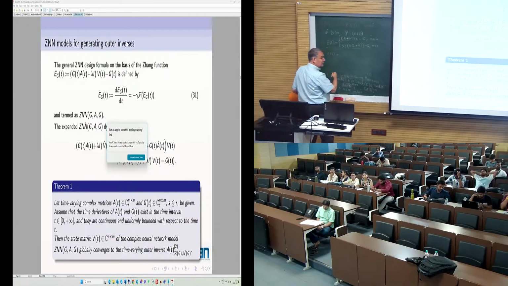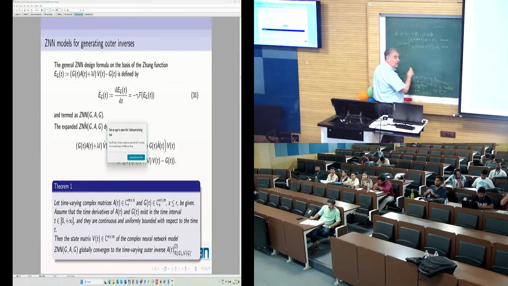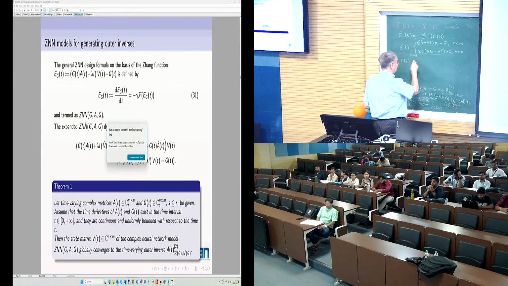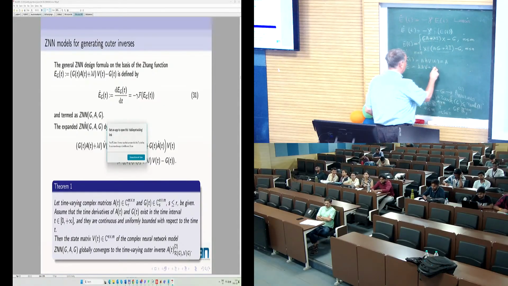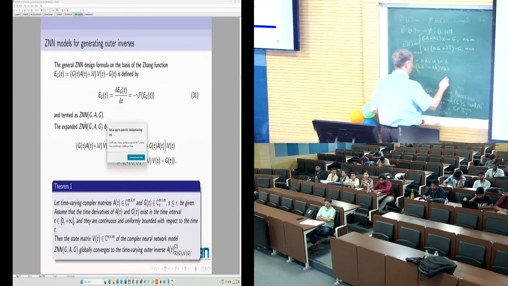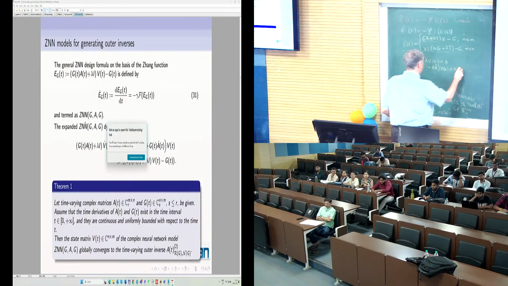I will put the error function here, equal to 1, squared, and then E dot is easily A dot A V plus A dot, we will collect it and write V of t plus A V dot of t.